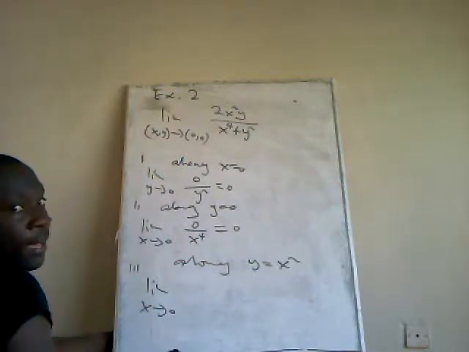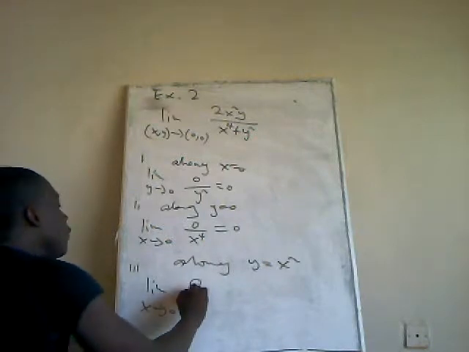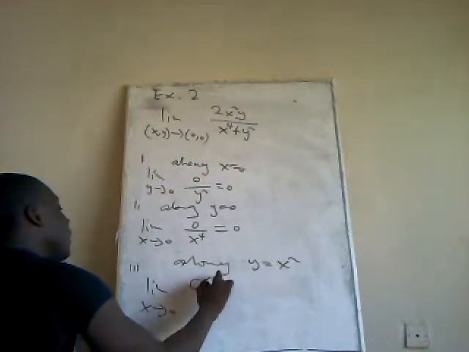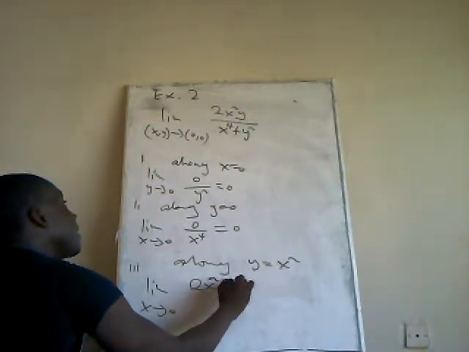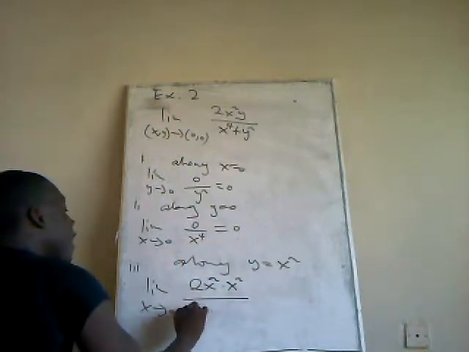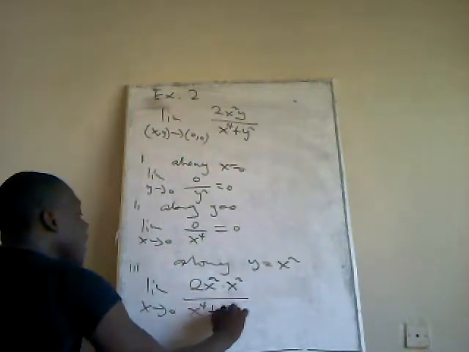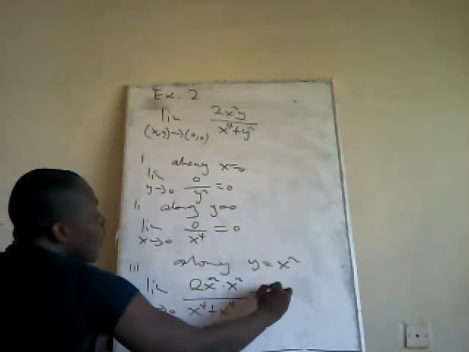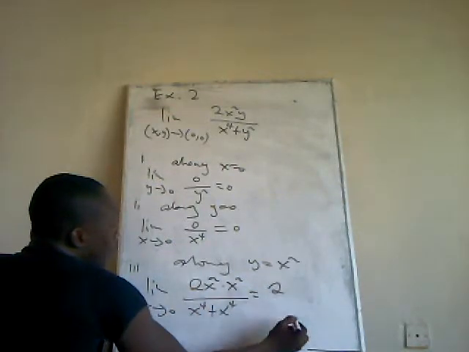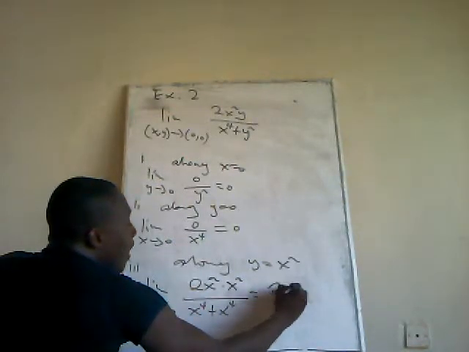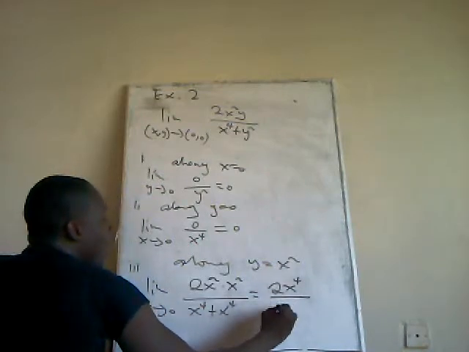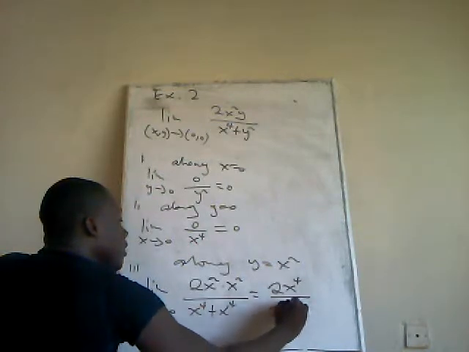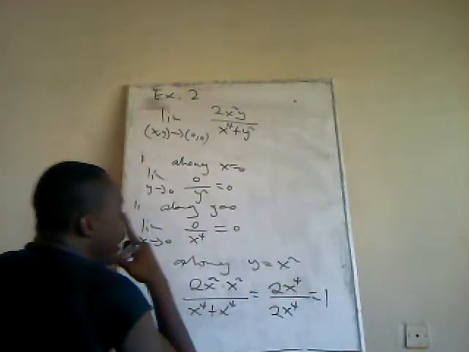In place of y, I will put x squared. So I have 2x squared times x squared all over x to the power 4 plus x to the power 4. And this is going to give us 2x to the power 4 all over 2x to the power 4, which is equal to 1.